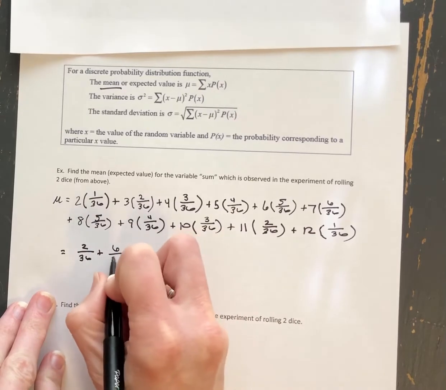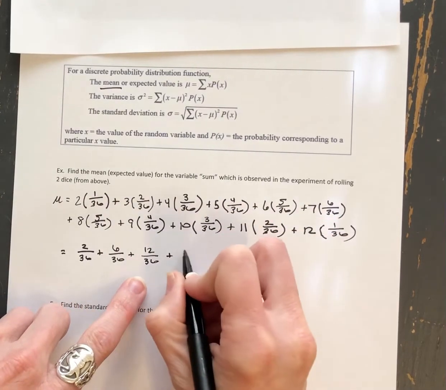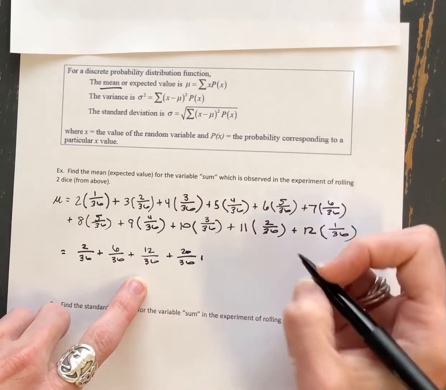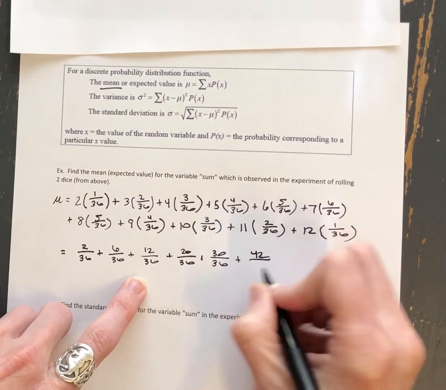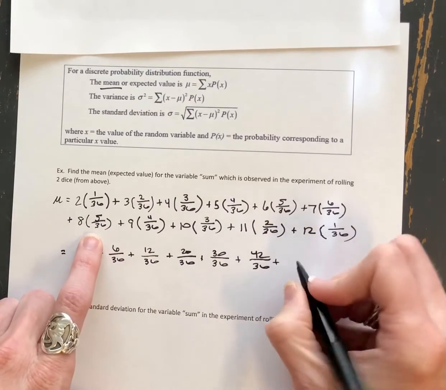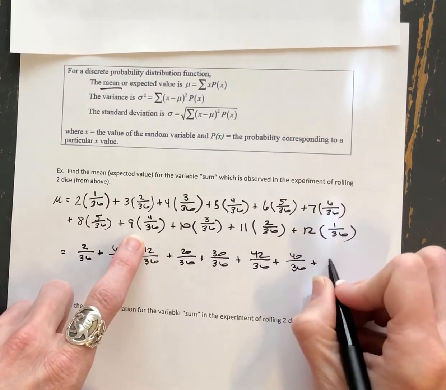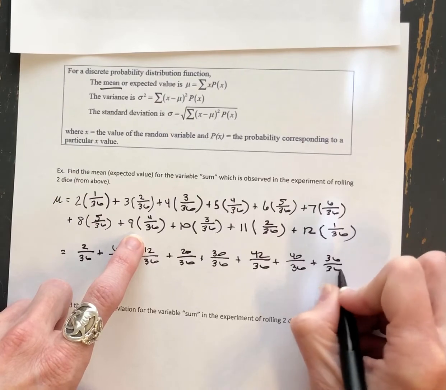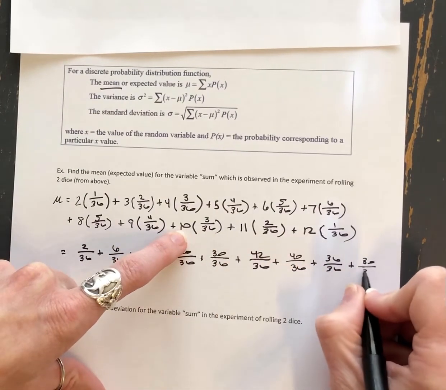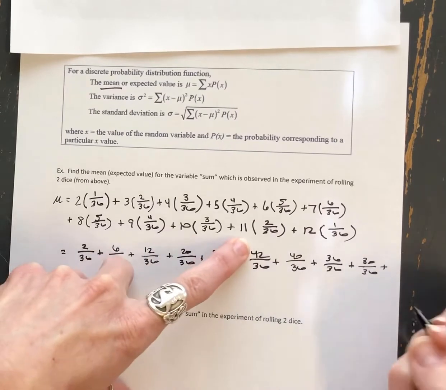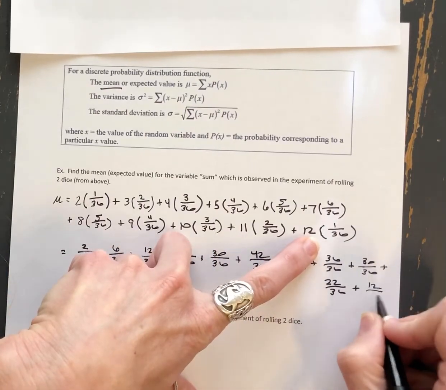And then we have 6/36 and 12/36 plus 20/36 plus 30/36 plus 42/36 plus 40/36 plus 36/36 plus 30/36 plus 22/36 plus 12/36.